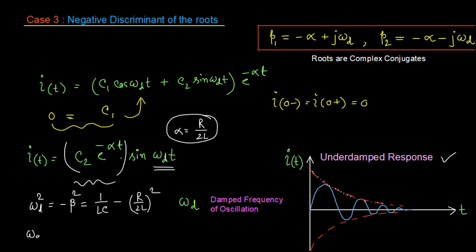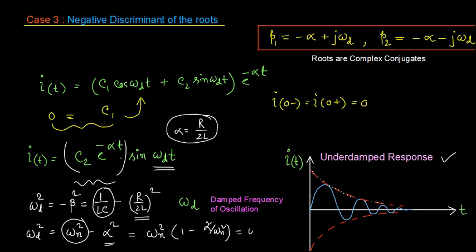Now omega d square can be written in this form: omega n square minus alpha square, because 1 by LC is nothing but omega n square, and (R by 2L) square is alpha square. From that, if we take omega n square common, it will be 1 minus (alpha by omega n) whole square, that is actually omega n square into (1 minus zeta square). So finally we can write omega d is omega n times root of 1 minus zeta square.